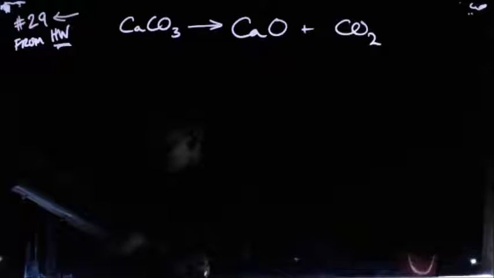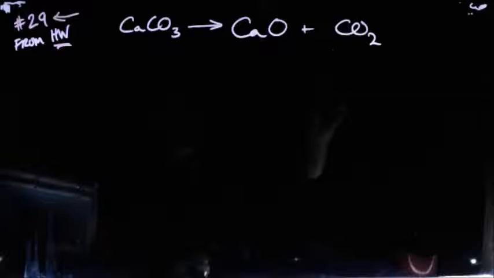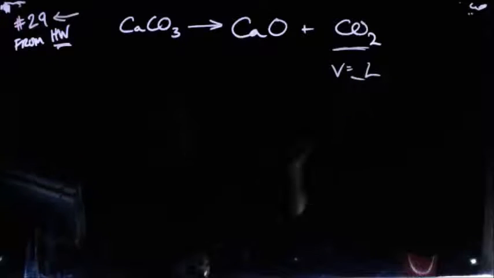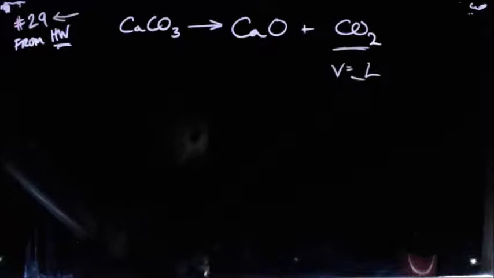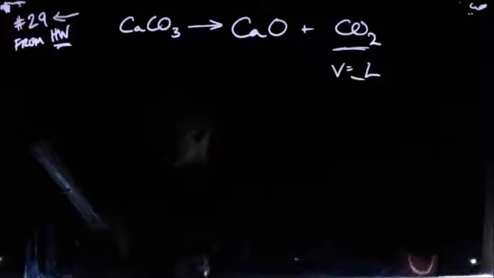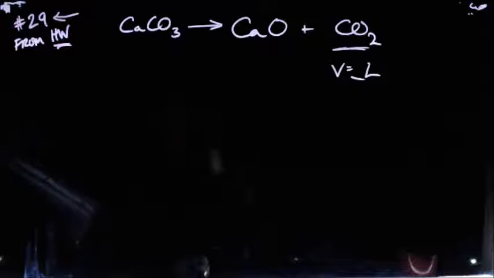It says, what volume of CO2, so I'm looking for volume in liters, I'm guessing, of CO2 can be produced, so collected at 55 degrees Celsius and a pressure of 774 torr, is produced by complete thermal decomposition of 10 grams of calcium carbonate.